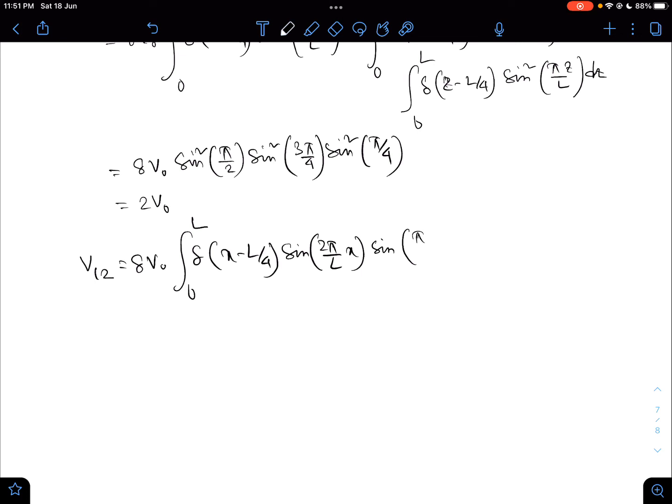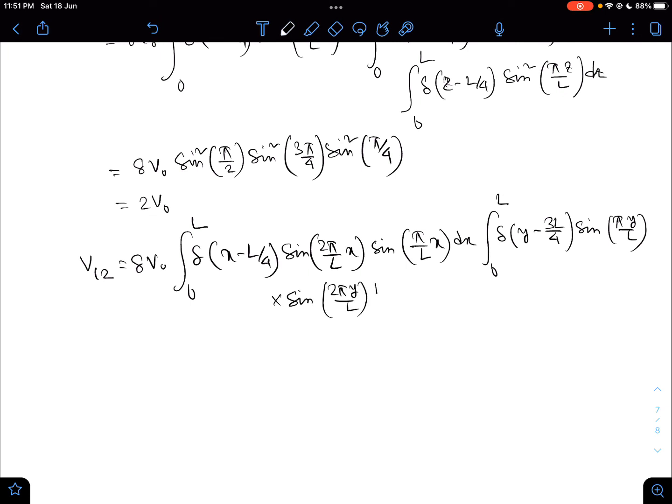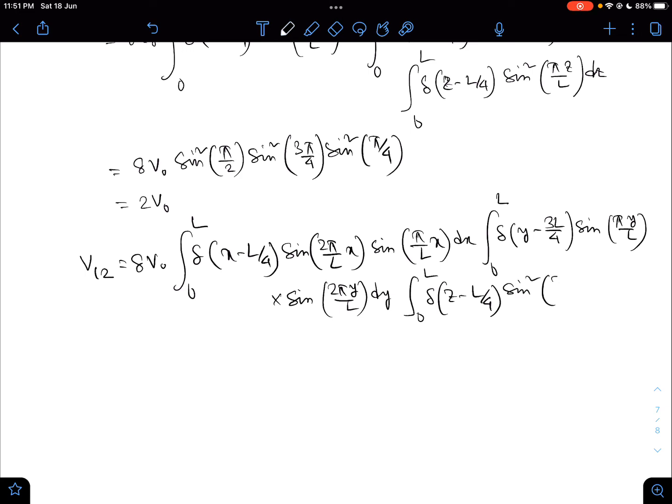This is a cross term, so we have two different sines. Then y: delta(y minus 3L/4) sine pi y by L into sine 2 pi y by L dy, and for the z integration we have 0 to L, delta(z minus L/4) sine square pi z by L dz.